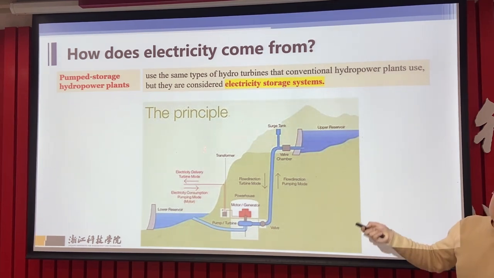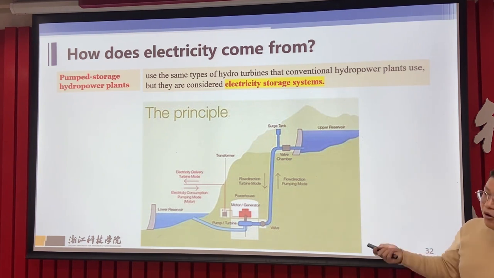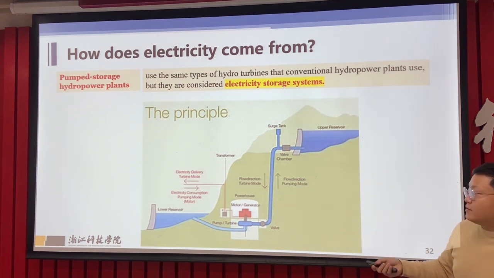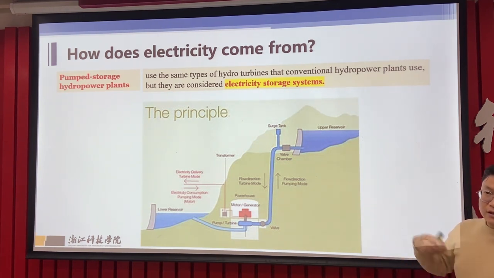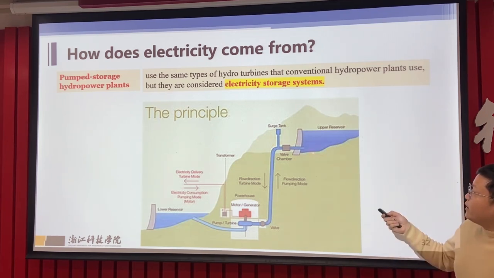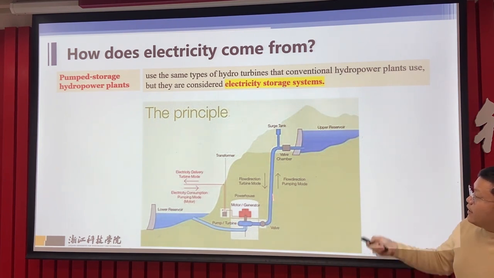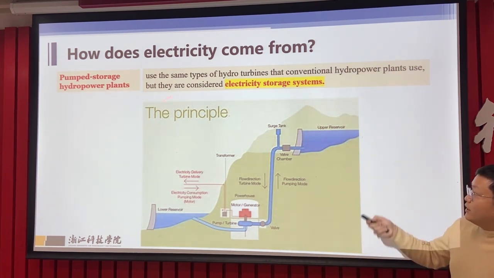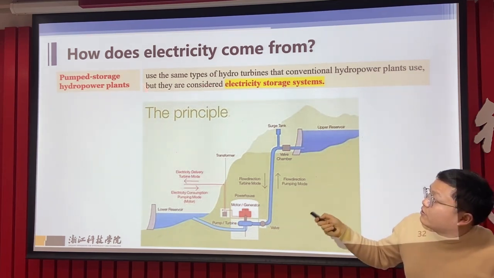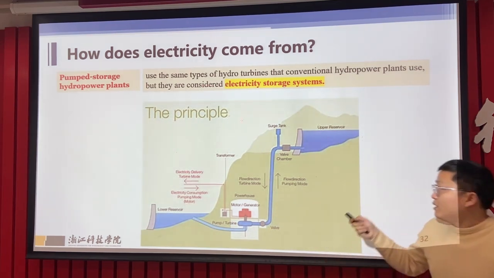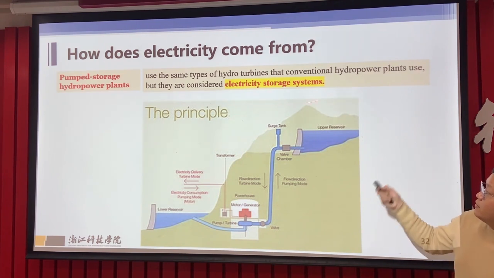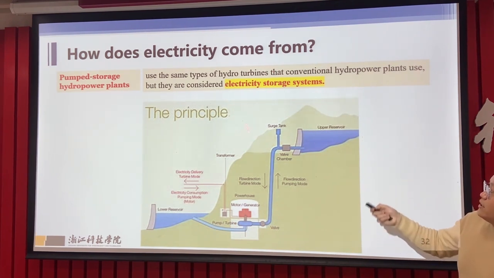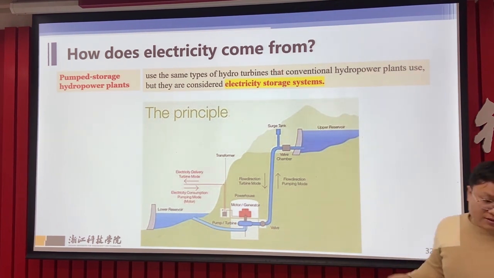And then when we want more electricity from the system, we can use this system again to produce some electricity. It's called pumped storage hydropower plants. We can treat it as an electricity storage system.